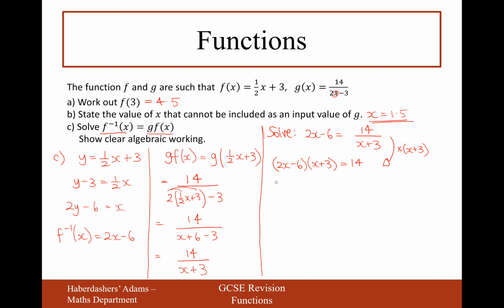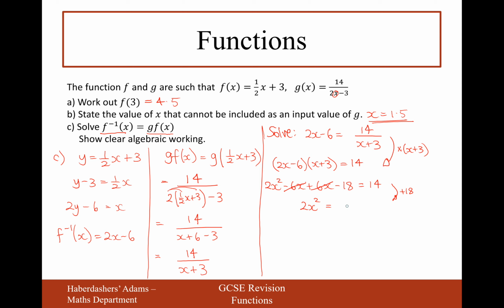The next thing I'll do is expand the bracket, so 2x squared minus 6x plus 6x minus 18 equals 14. So I'm seeing here that the 6x's will cancel each other out. That's pretty helpful. The next thing I think I'll do is add the 18 onto the other side.